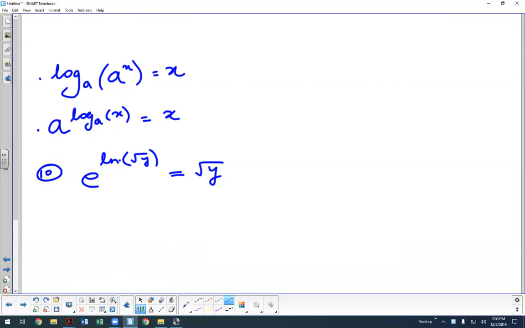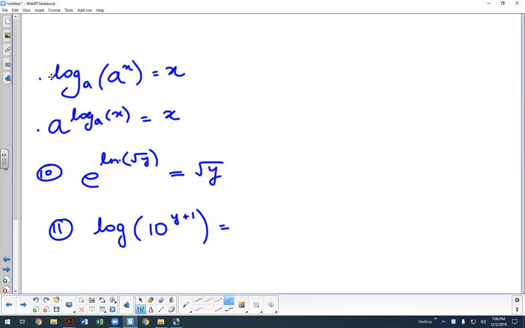So what does 11 tell us? What will this answer be for number 11?